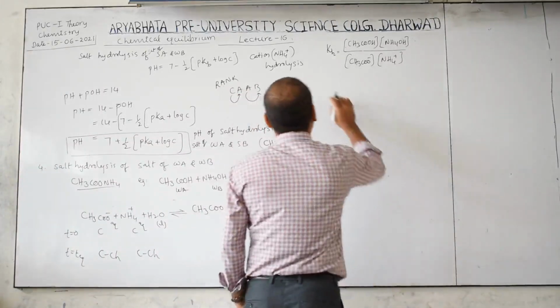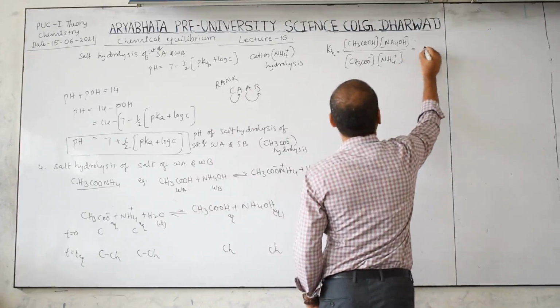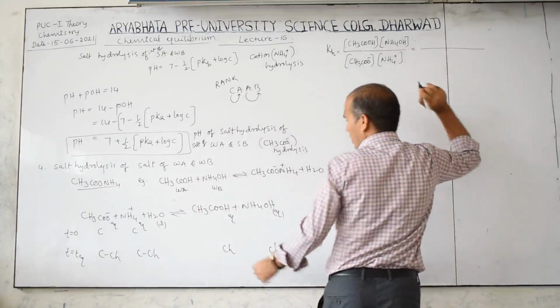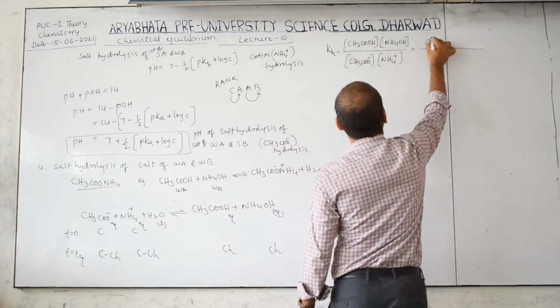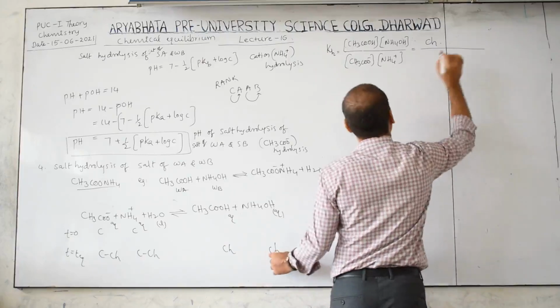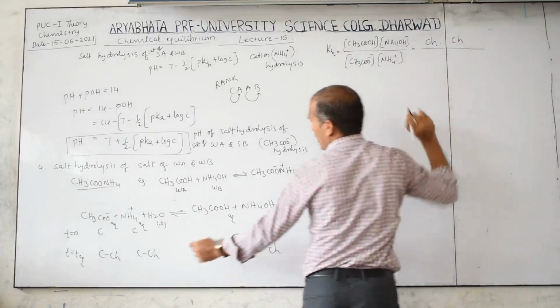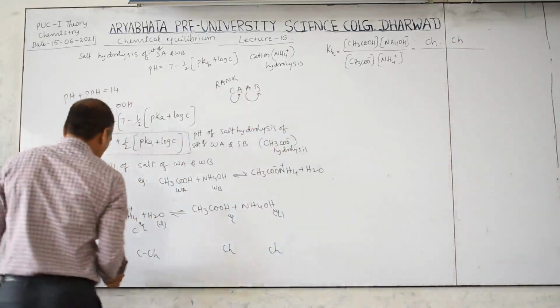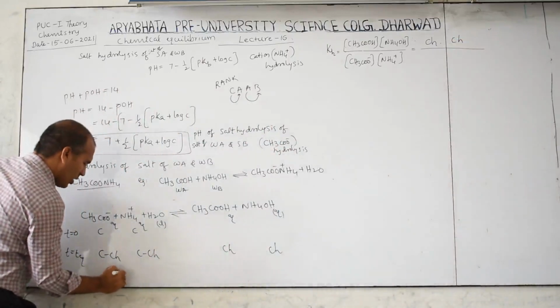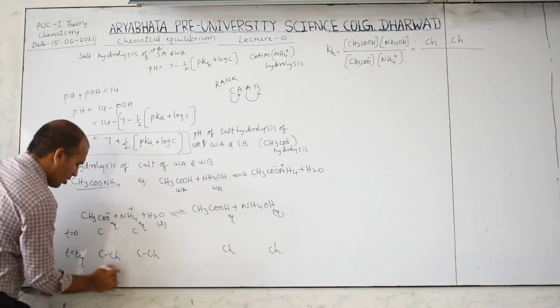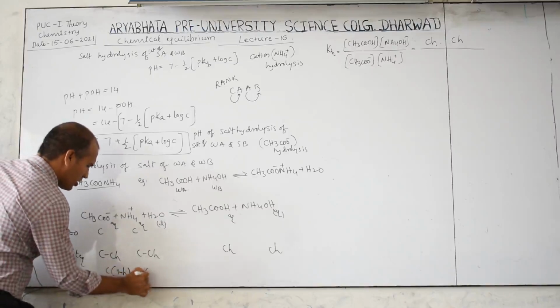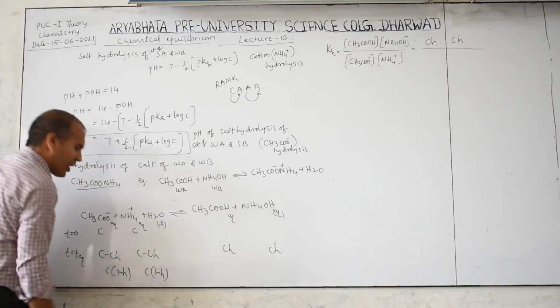Now we know KH. Here this is Ch, and C is taken common, C into 1 minus h. This is also C into 1 minus h, C taken common.